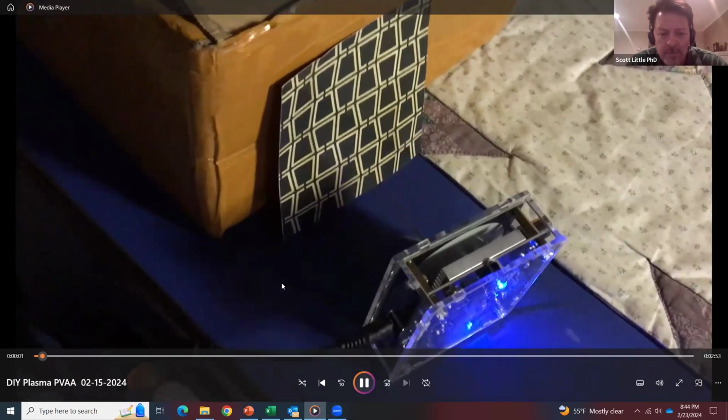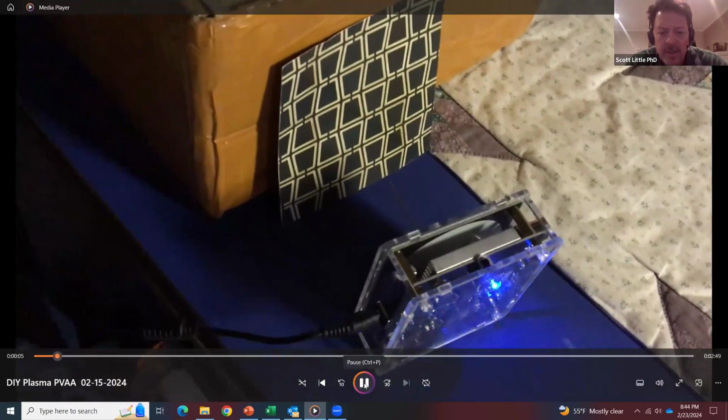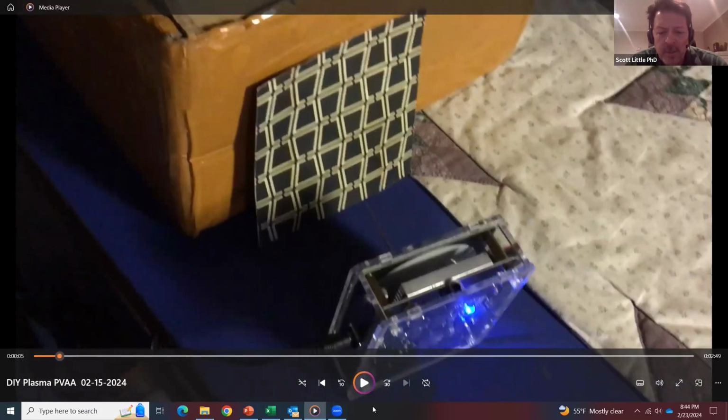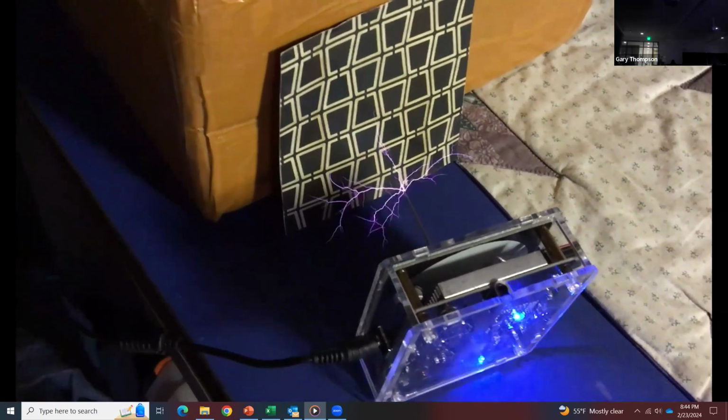Okay, so here's the initial test. Can you hear the plasma as well? Yes. Okay, great. Tesla coil turned up a bit, higher frequency. We're firing against the metamaterials. You can see the lightning, the plasma right there, firing against the metamaterials to see if that's shielding it from getting to the box.